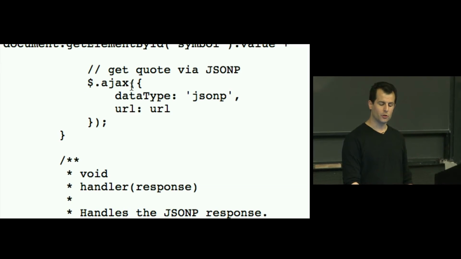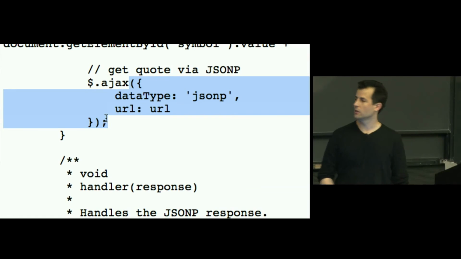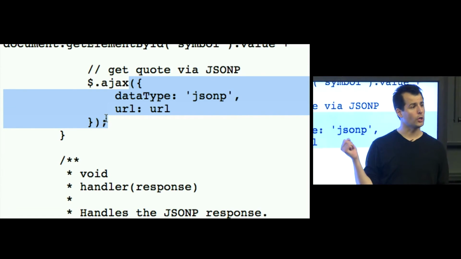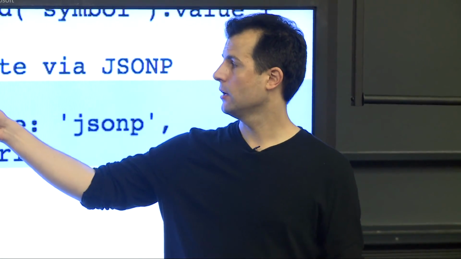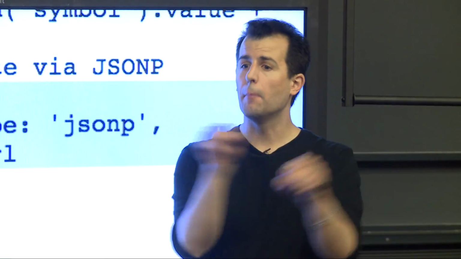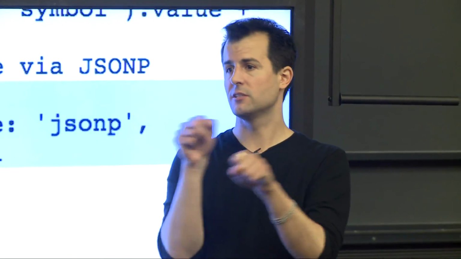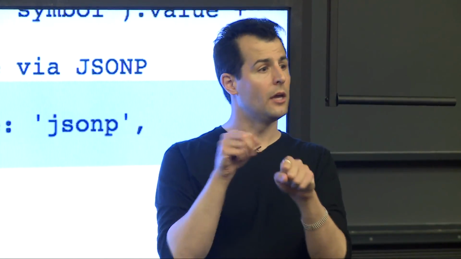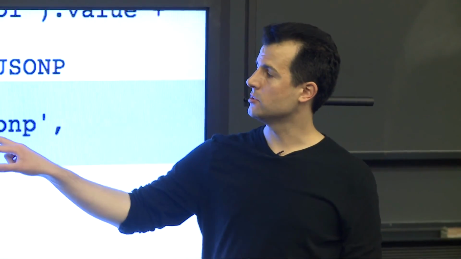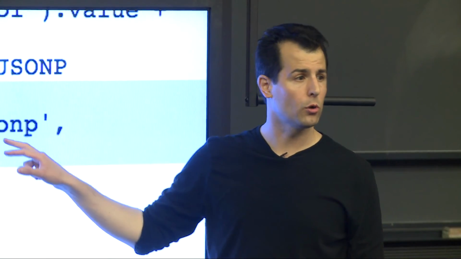As is common in JavaScript, as you'll see with various libraries online, many functions take not a comma-separated list of arguments as their values. They often take an object of key value pairs so that the order does not matter. It's just a nice convention. Perl does this a lot, and Python can do this, and other languages. So this is saying one of the keys being passed into this method is called dataType, quote unquote, JSONP.